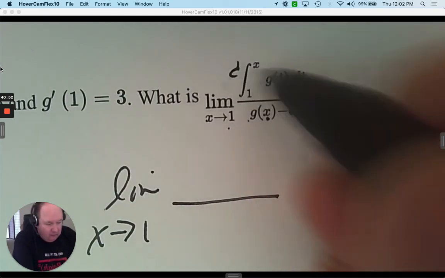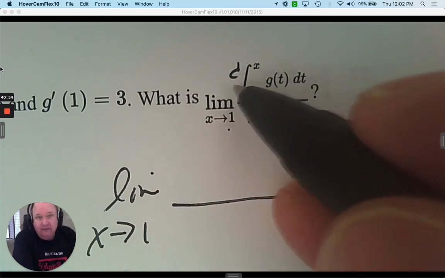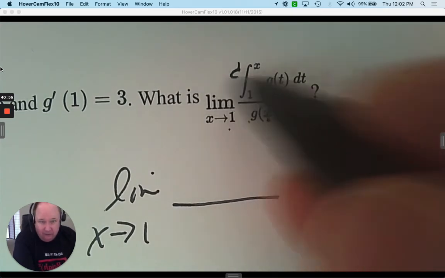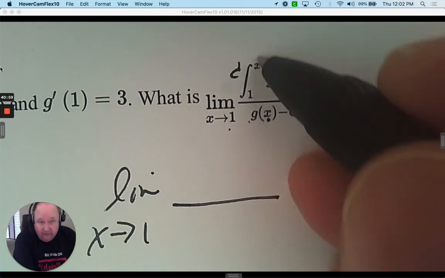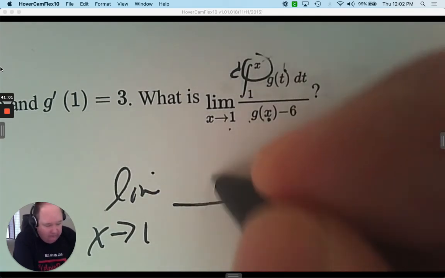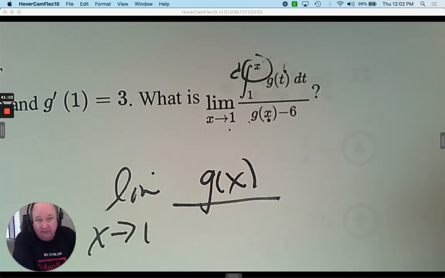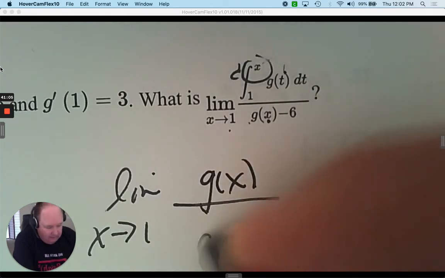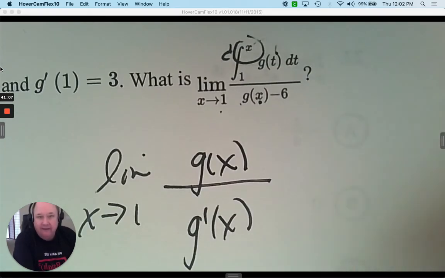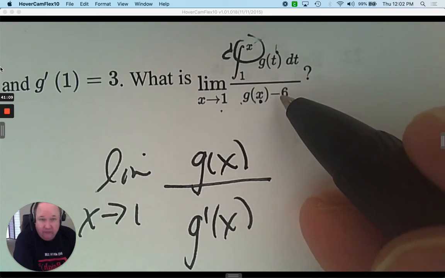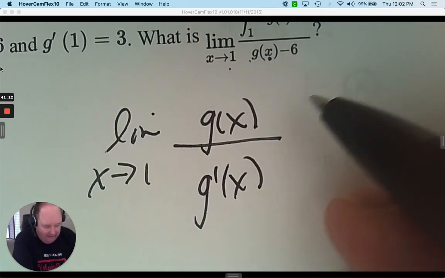So I'm going to take the derivative of the numerator and denominator. When you take the derivative of the integration, this is called the fundamental theorem of calculus. The derivative and integration undo each other. It's a substitution question, and all you're left with is g at x. The denominator, the derivative of g at x is that, and the derivative of negative 6 is 0. Plug 1 in again.